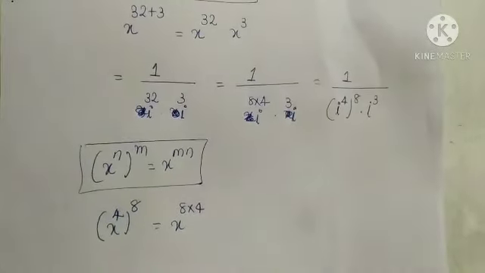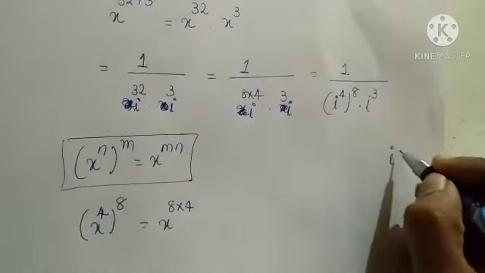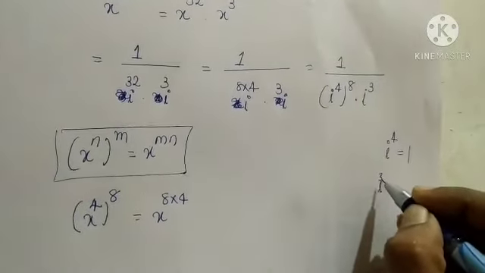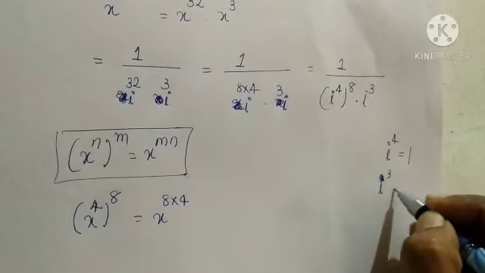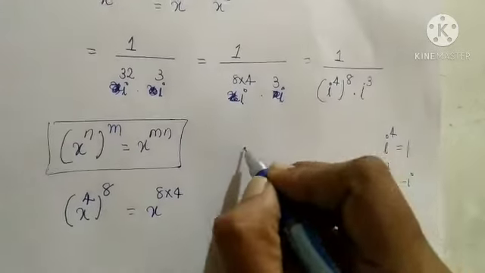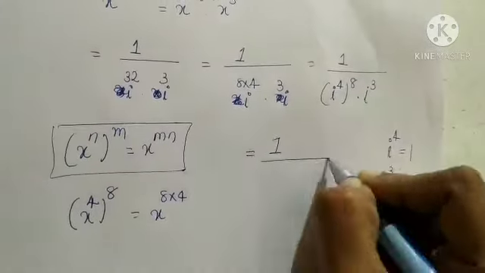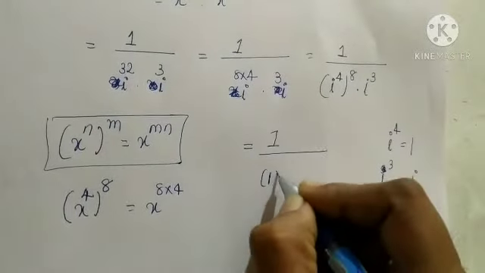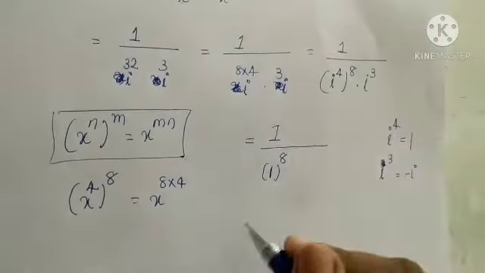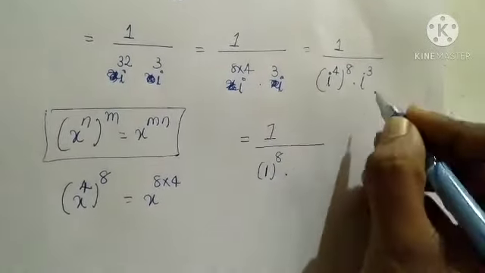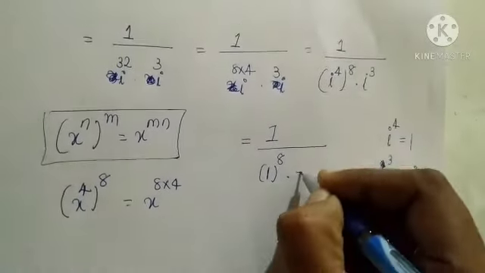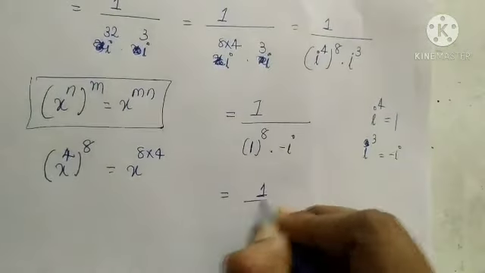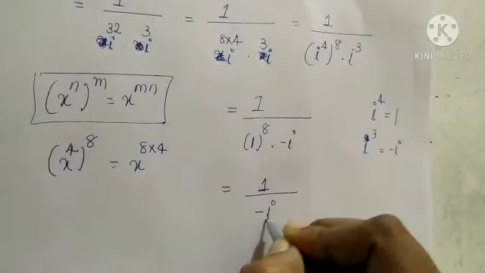Okay. And we know that the value of I raised to 4 is equal to 1, and the value of I cube is equal to minus I. So changing the values here, replacing this I to the 4 by 1 raised to 8, we get 1 raised to 8 into, replacing this I cube by minus I. So here we get 1 divided by minus I.